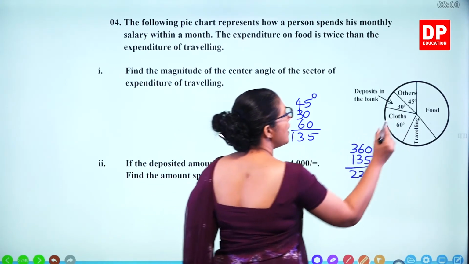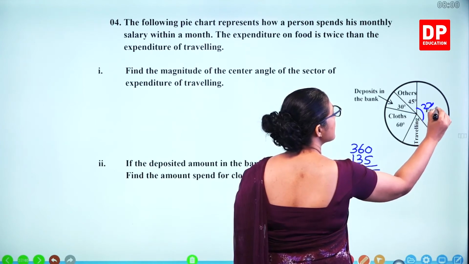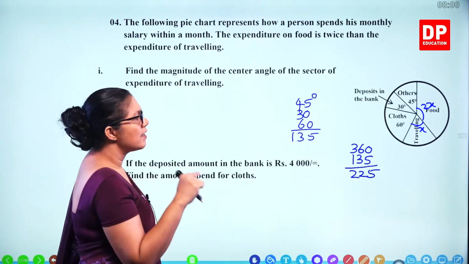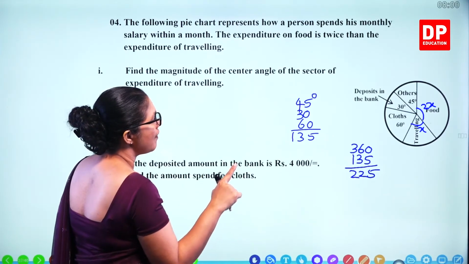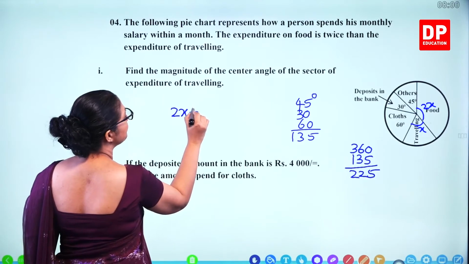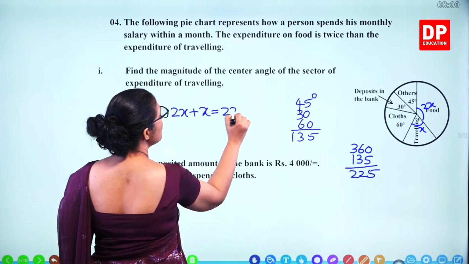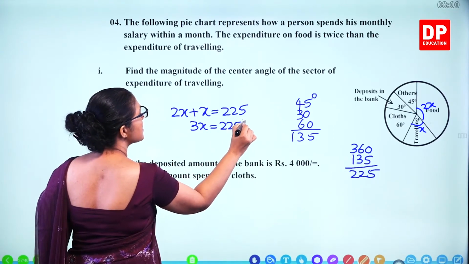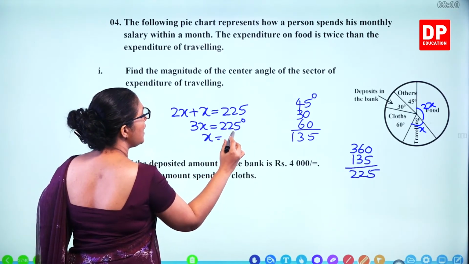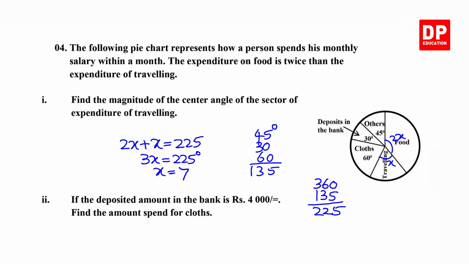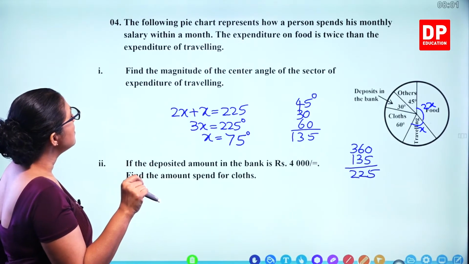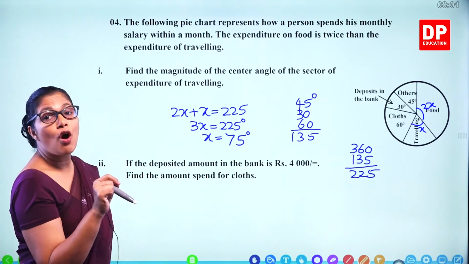But we know if this is 2x, this is x, because food is twice as traveling. So we can write 2x plus x is 225. So 3x is 225, what is x? Divide by 3. 3 times 7, 21. And for 15, that's 5. So x is 15.